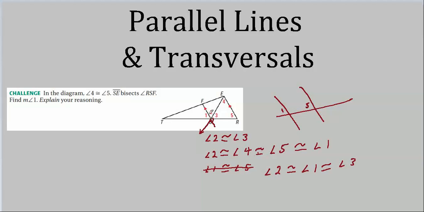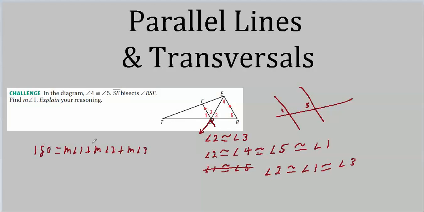Well, now we're almost done, because this is a straight angle. Remember, the parts add up to the whole. So angle 1 plus angle 2 plus angle 3. Now let's write it out the long way. Measure of angle 1 plus measure of angle 2 plus the measure of angle 3 equals 180.